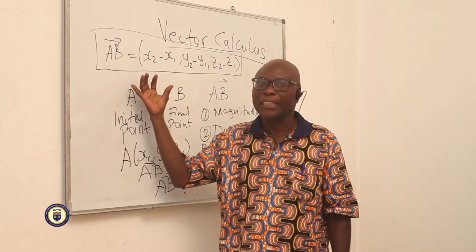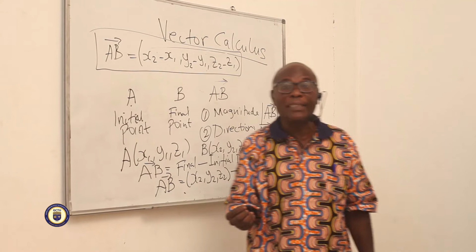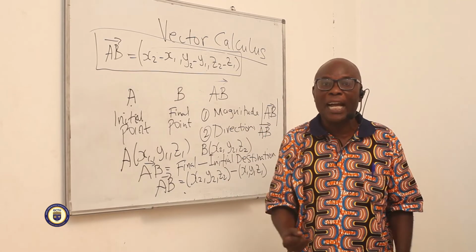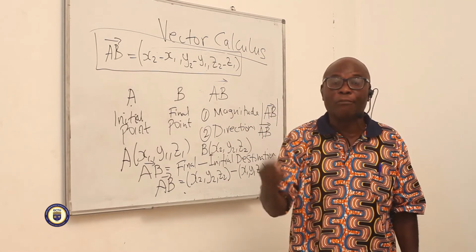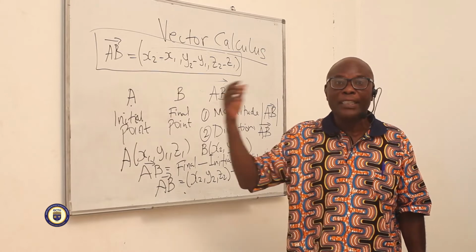and this is the direction. But we also learned from the beginning that vectors have 2 components, the direction and the magnitude.